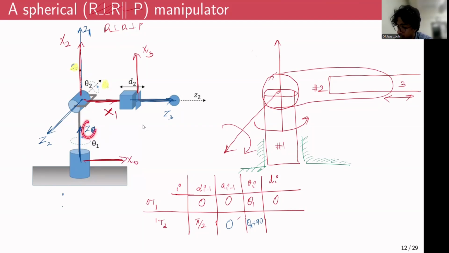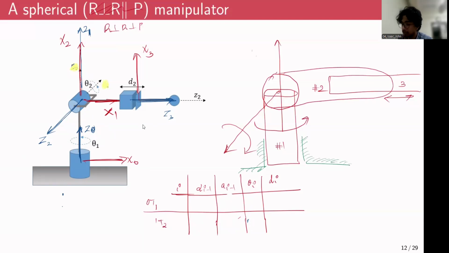So this is your Z0, X0 axis. This is your Z1, X1 axis. This is your Z2, X2 axis. And this is your Z3, X3 axis. So with that, let's see if it makes any improvement or if we can map between 2 frames with just 4 parameters.